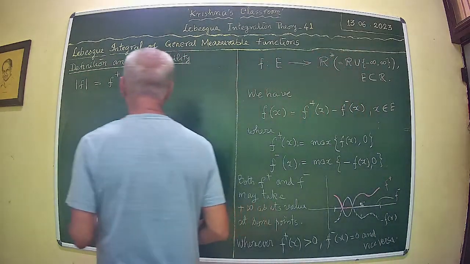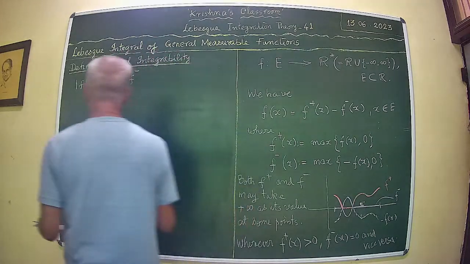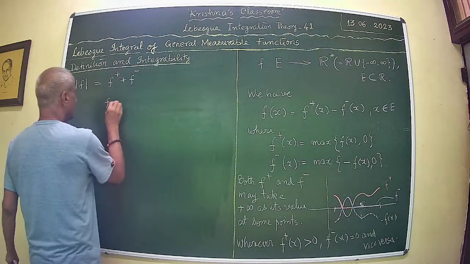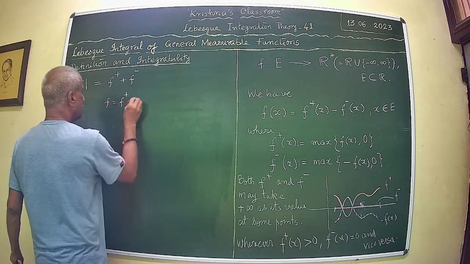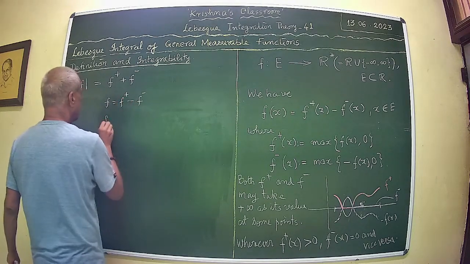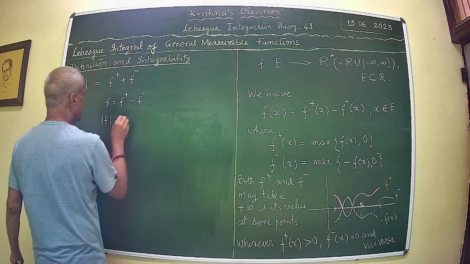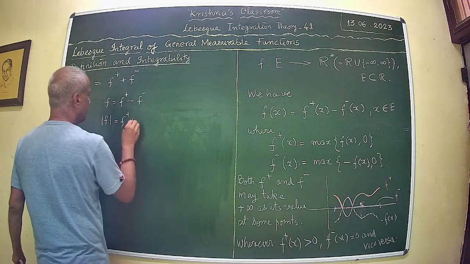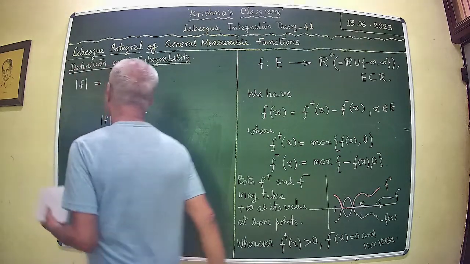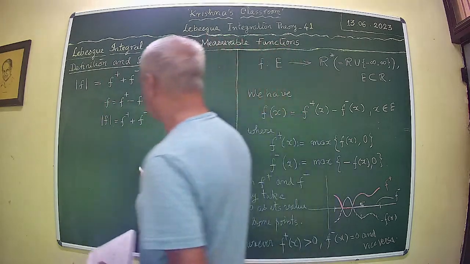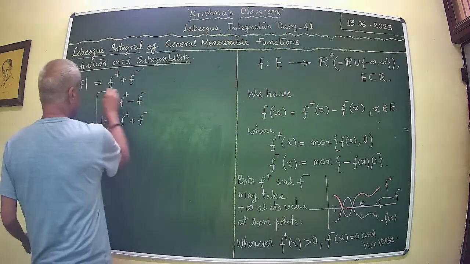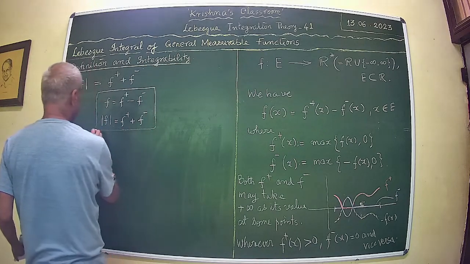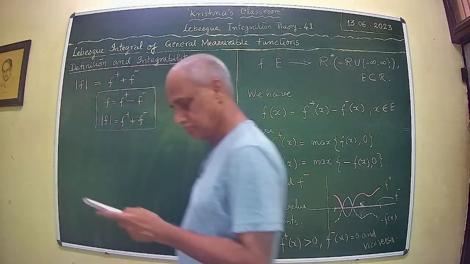The two relations are that f is equal to f plus minus f minus, and mod f equal to f plus plus f minus. These are the two basic relations connecting f and mod f.